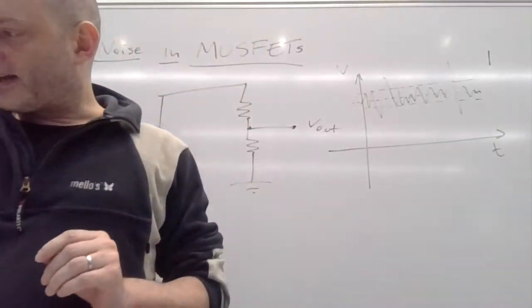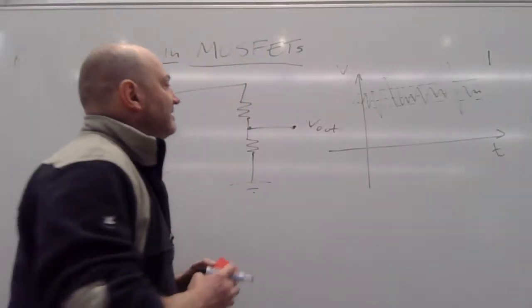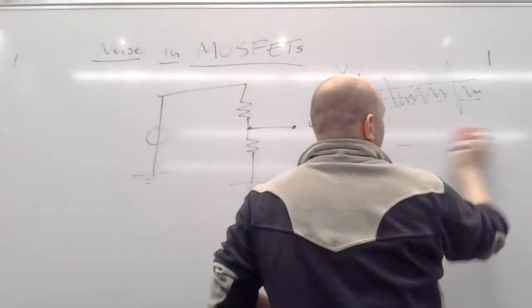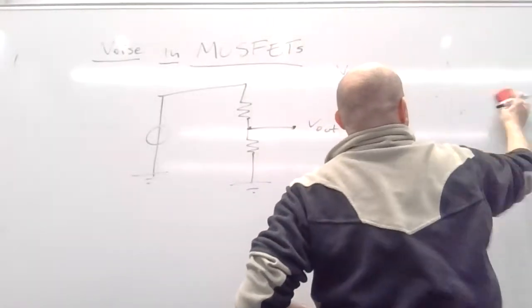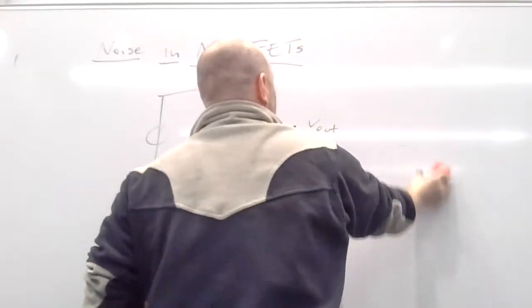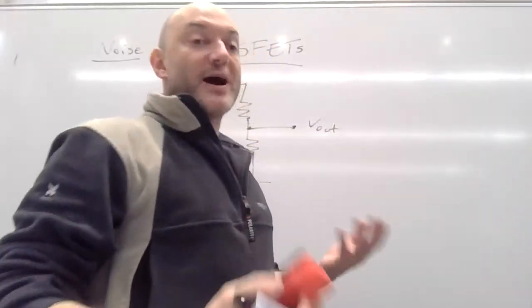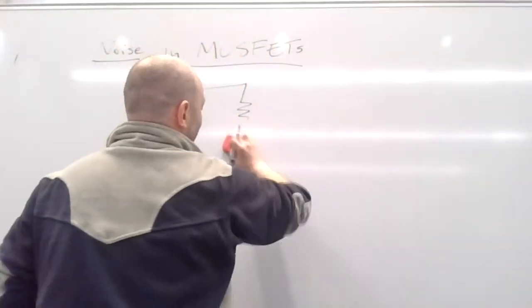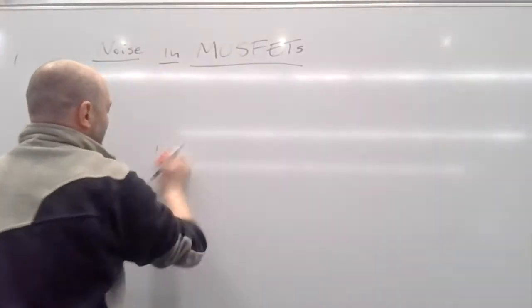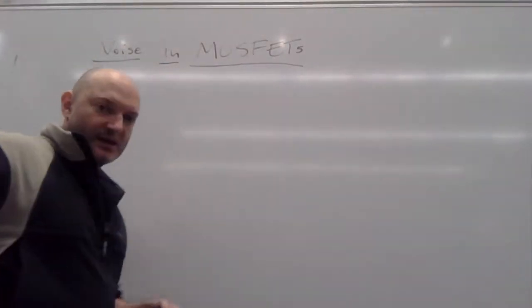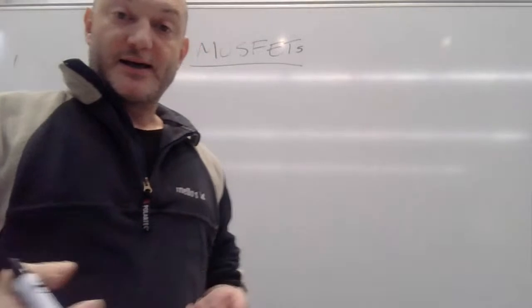Now, these are all things you've done already. If you remember, a very common type of fluctuation is white noise. Not the only one, but definitely a very common type of noise.